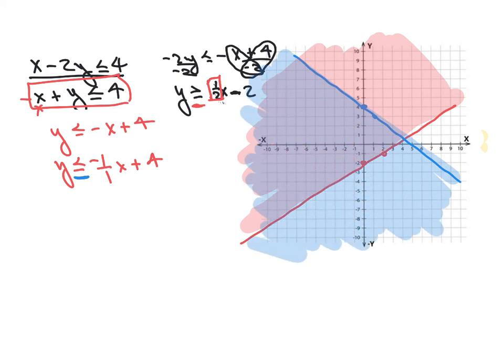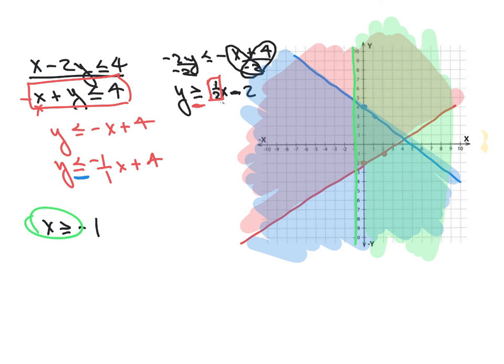All right, and now the last equation, in example 4 here, says that x is greater than or equal to -1. So that means I'm going to get a solid line through -1, and it says x is greater than, so I'm going to shade everything to the right of it.